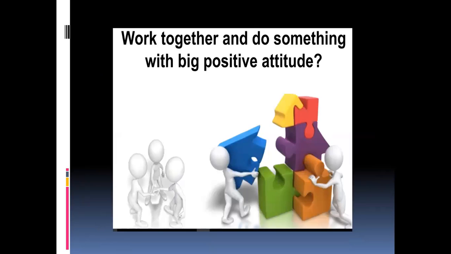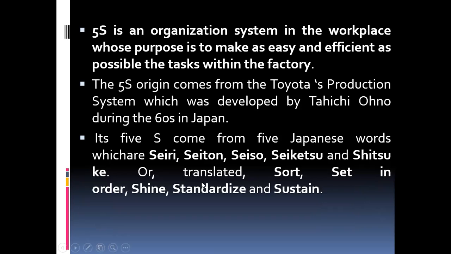5S aims for teamwork, working together, and doing something with a big positive attitude. This is the main success mantra of 5S. It requires team effort and also the willingness of the employees to motivate themselves to be involved in cooperative work. 5S is an organization system in the workplace whose purpose is to make easy adaptation and an efficient flow of instruction within the factory.